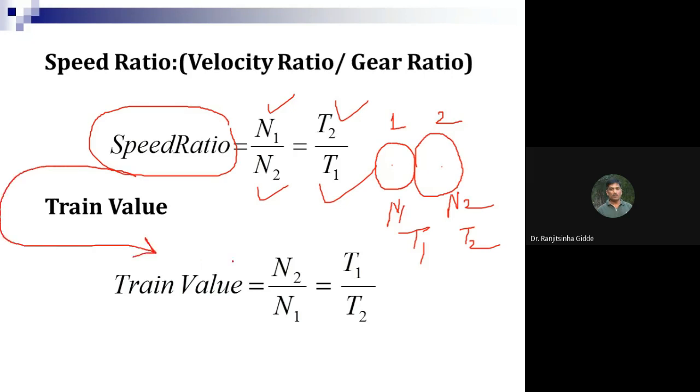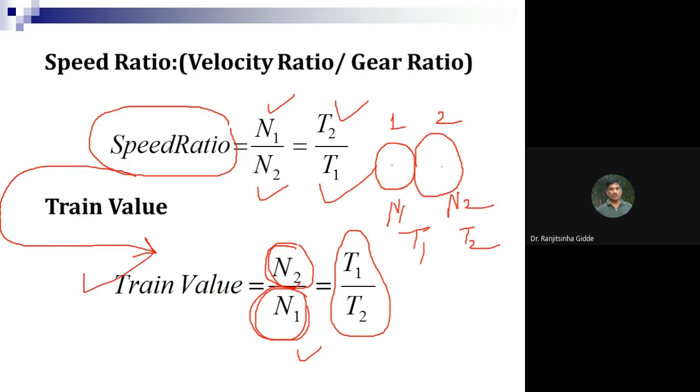It is the inverse of speed ratio. Here we can write speed of driven divided by speed of driver. That is nothing but the train value, and exactly the number of teeth on the driver divided by number of teeth on the driven.